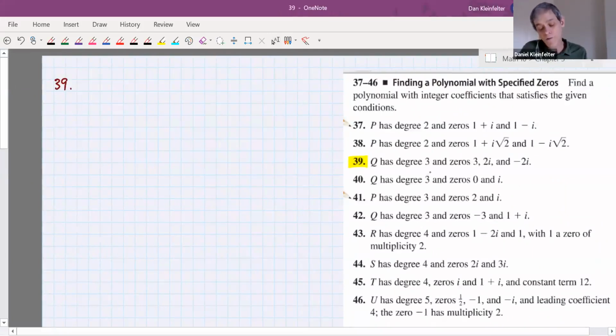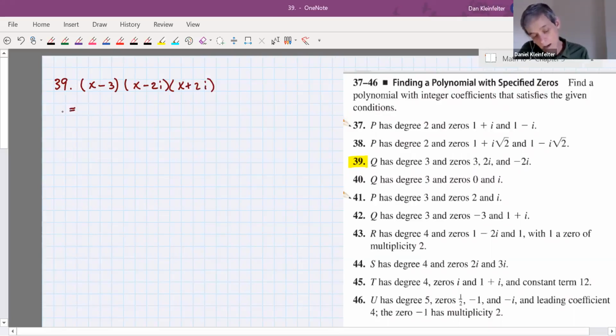Okay, so if we know what the zeros are going to be, then that means that we know right away what the factors are. If a 3 is a 0, then x minus 3 will be a factor. And then it has complex zeros of 2i and minus 2i. Okay, so then let's go ahead and multiply that out.